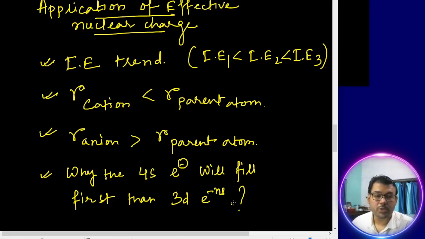That can also be understood with the help of effective nuclear charge and the shielding constant. If we calculate the value of the shielding constant, we can understand that for the 4s electron the effective nuclear charge is going to be more. So that's why the 4s electron will fill first. Then we fill the 3d electrons.